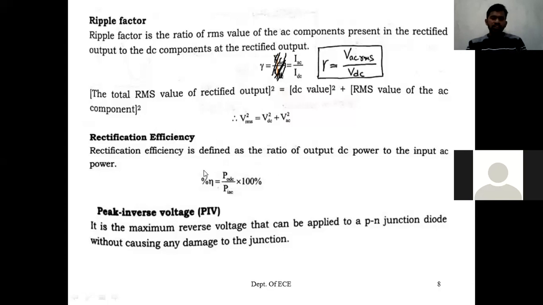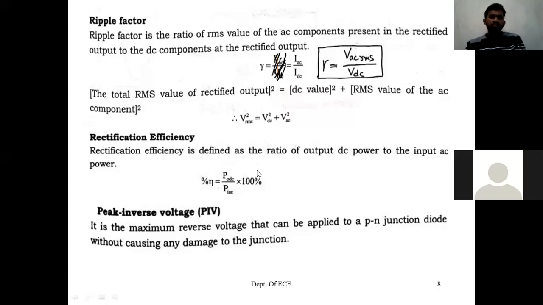Say you get a rectification efficiency of 40%. Meaning if I give 100% AC, you are able to convert only 40% to DC. The rest of the 60% AC power is wasted here.